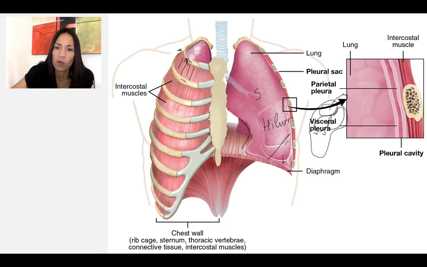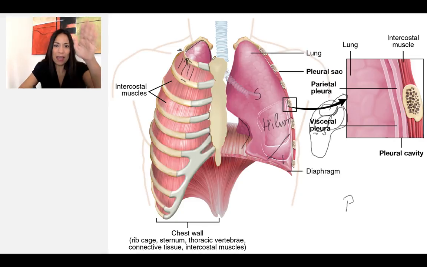Okay, now remember I just told you that each lung is occupying a pleural cavity, and a pleural cavity consists of this serous membrane, which is the pleura. And the pleura, remember, is dense irregular connective tissue and has two layers. The outermost layer is the parietal pleura.